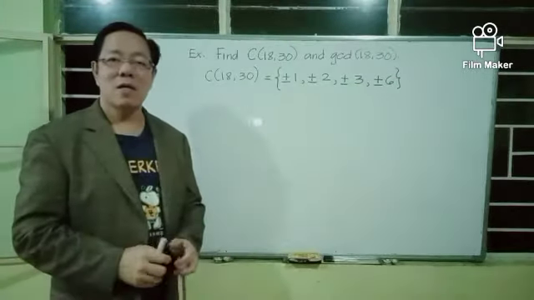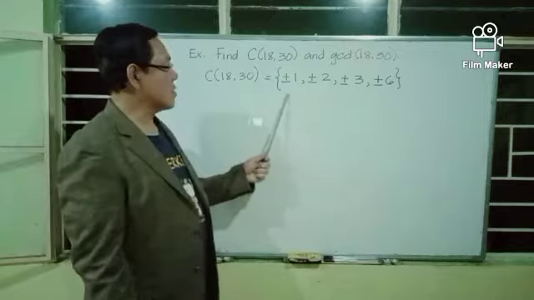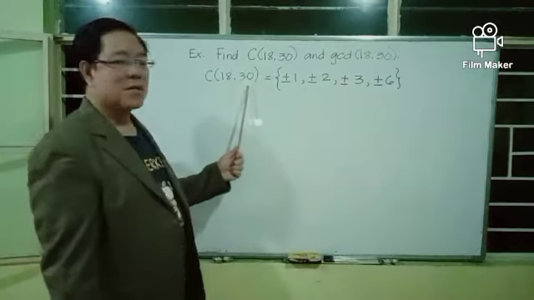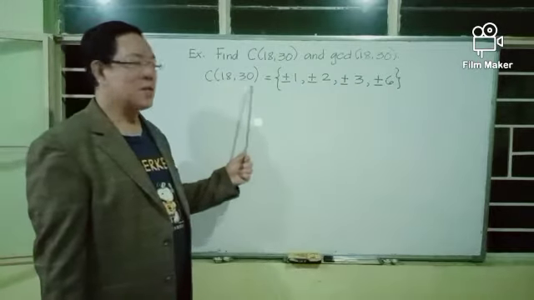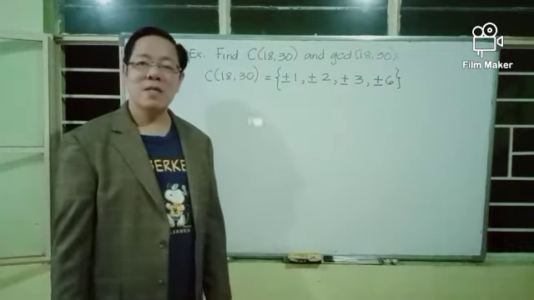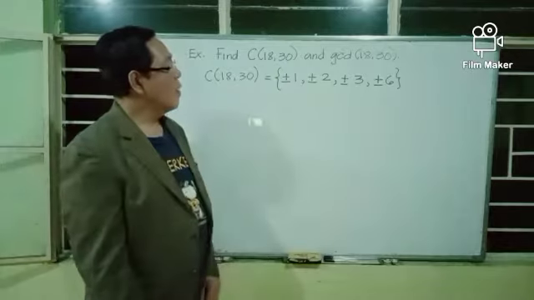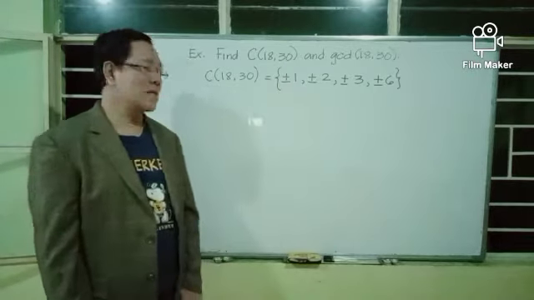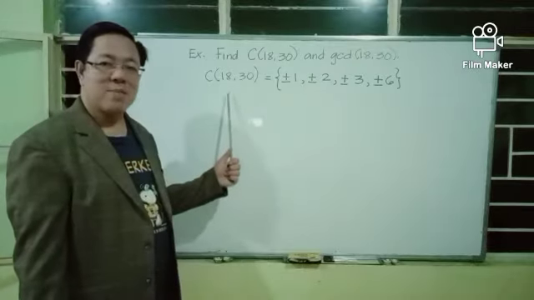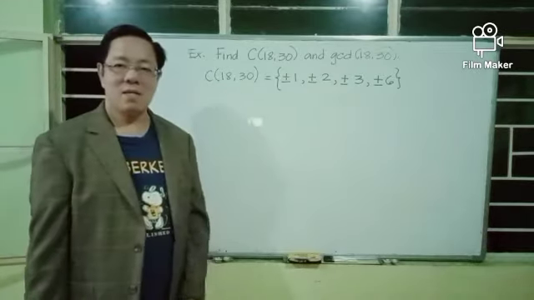And these are all the common divisors of 18 and 30. Any integer greater than 6 or less than negative 6 cannot divide 18 and 30 exactly.